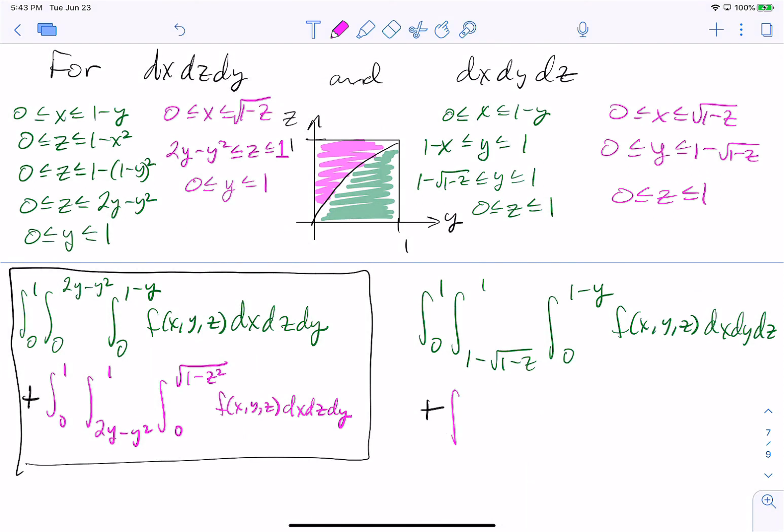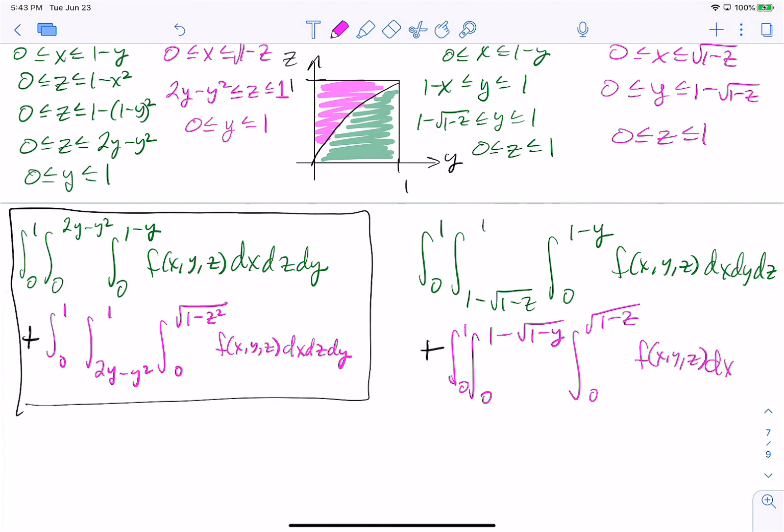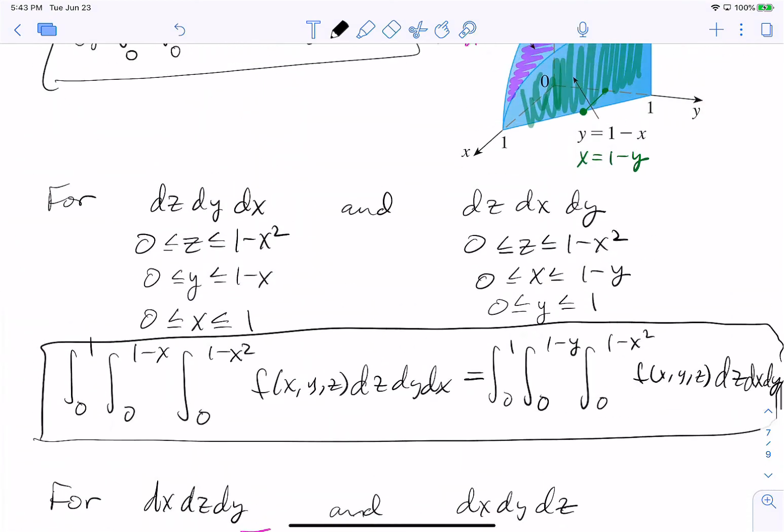So the pink iterated integral is the integral from 0 to 1 of the integral from 0 to 1 minus the square root of 1 minus z of the integral from 0 to the square root of 1 minus z of f of x, y, z, dx, dy, dz. Put a box around it, and now we have our 5 iterated integrals.